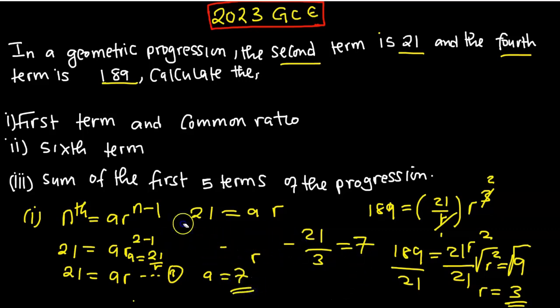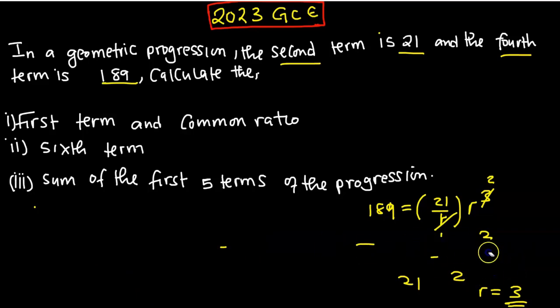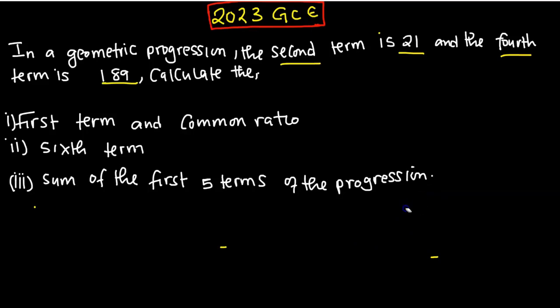Then now we can go on to find the 60th term. What is the 60th term in this case? So take note of what we found. A is equal to 7, r is equal to 3. Let us find the 60th term. Okay, so A is equal to 7, r is equal to 3.